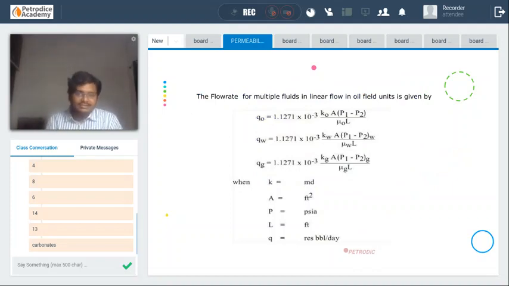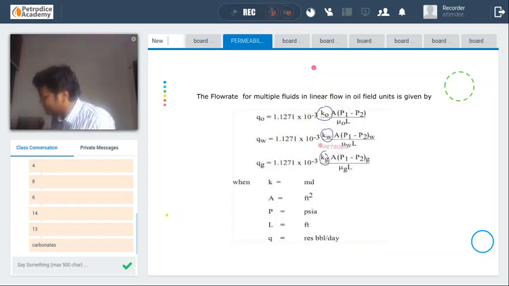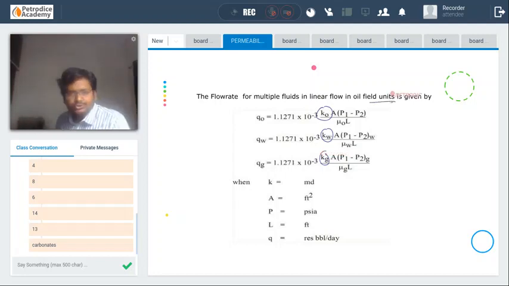So we can calculate the effective permeability of oil, water or gas using these particular formulas in field units. Do write these three formulas. This is how we will calculate the effective permeability.